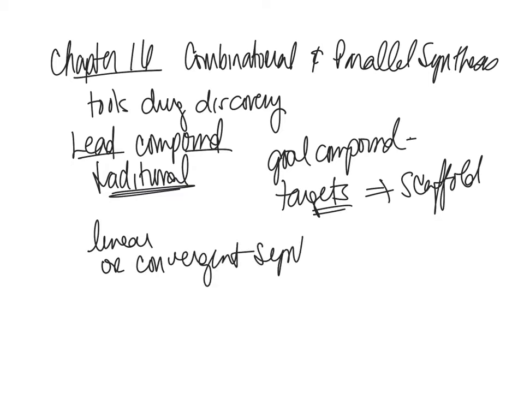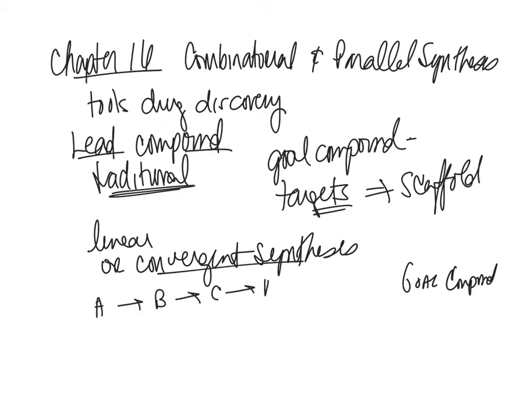Now, a convergent synthesis is better than a linear synthesis, because if this is your goal compound, a linear will start with A and go to B and then go to C, and you can have up to 18 steps to finally get your goal compound. And then if you want to make a second change on this compound, you have to go through these synthetic steps again.